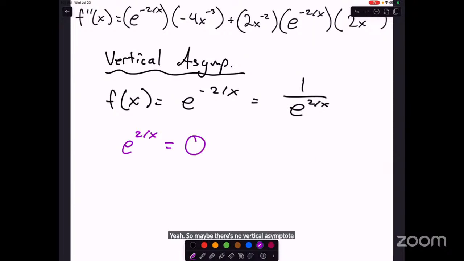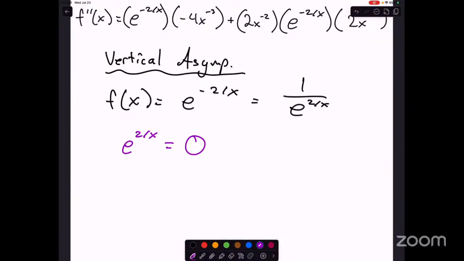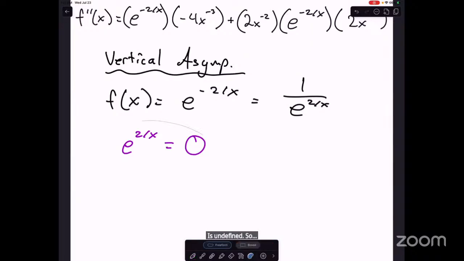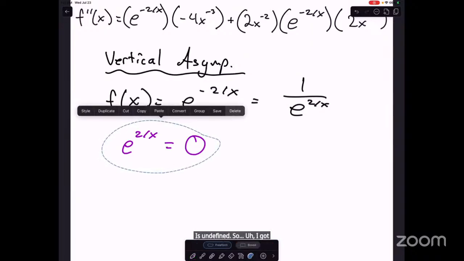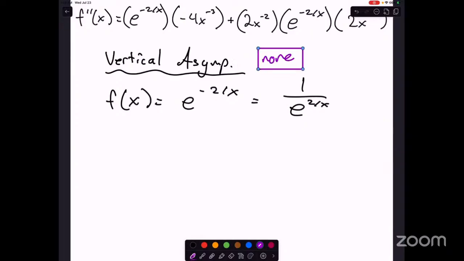We would get none, because we can't find the value of x that makes that denominator 0. When we try to solve, we take the natural log on both sides, and the natural log of 0 is undefined. So vertical asymptotes, I got none. We're going to go with that for now.